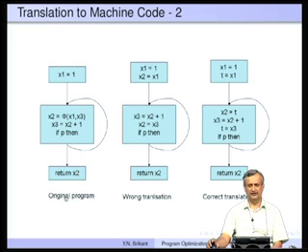Here is a program in the SSA form, x 1 equal to 1, x 2 equal to phi of x 1 comma x 3, x 3 equal to x 2 plus 1, and then there is if p then branch, otherwise go out.